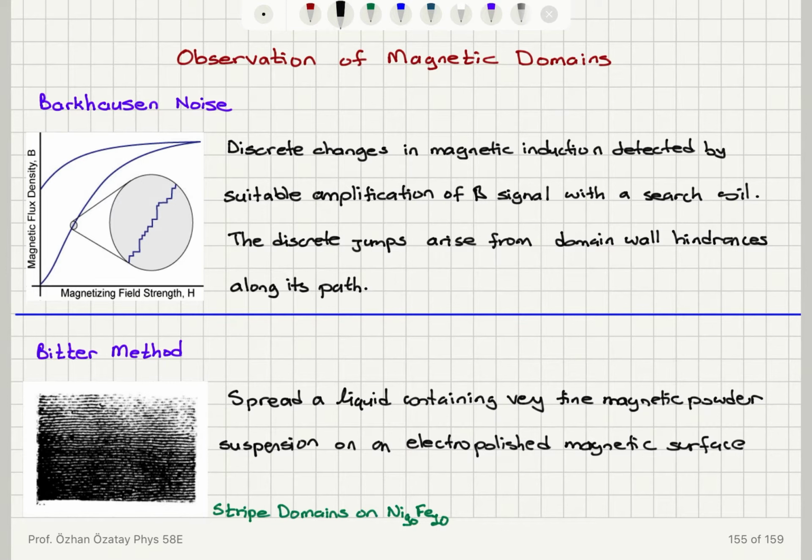So that's the idea. The particles accumulate at positions with maximum magnetic field gradient.